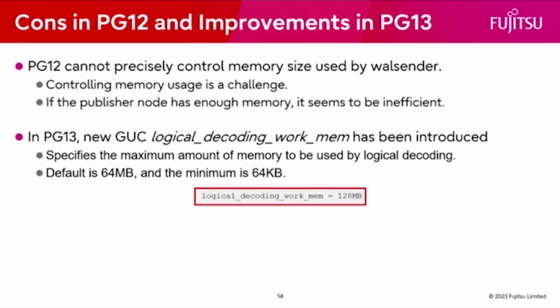To address this issue, the Postgres community has introduced a new configuration parameter called logical_decoding_work_mem in version 13. This parameter sets the maximum amount of memory that can be used by logical decoding. The default value is 64 megabytes and the minimum is 64 kilobytes.